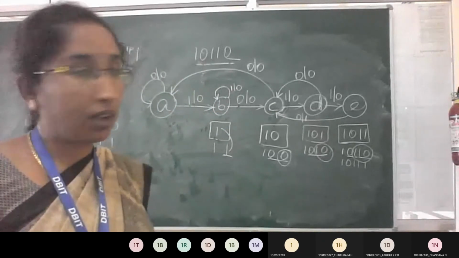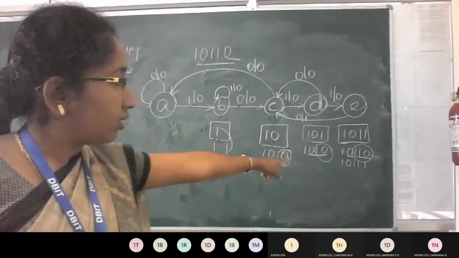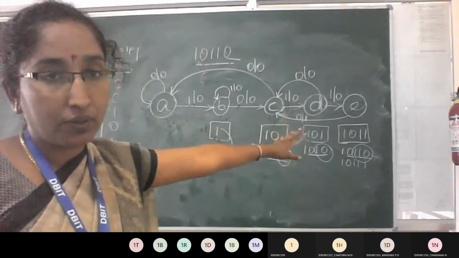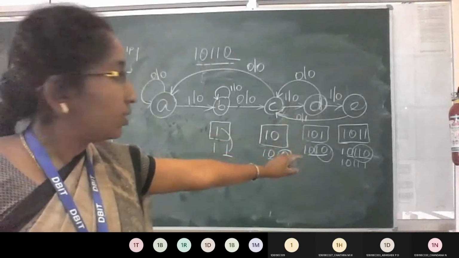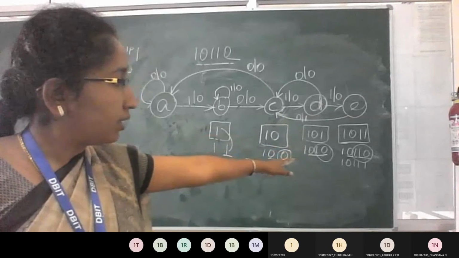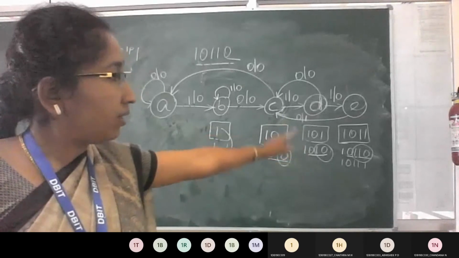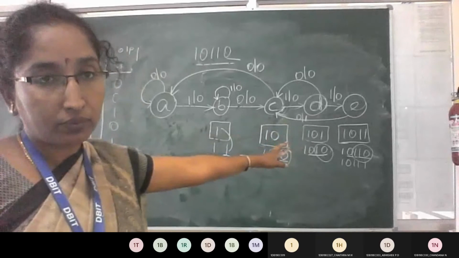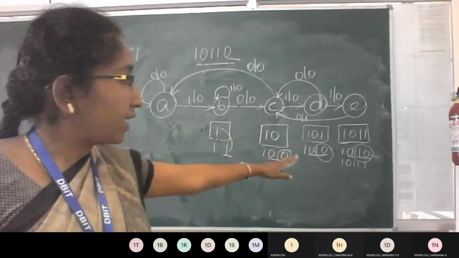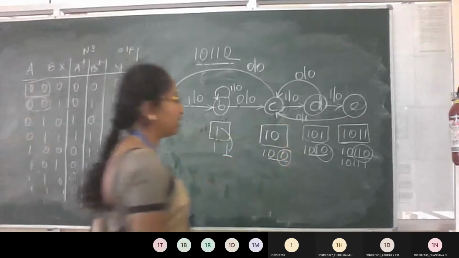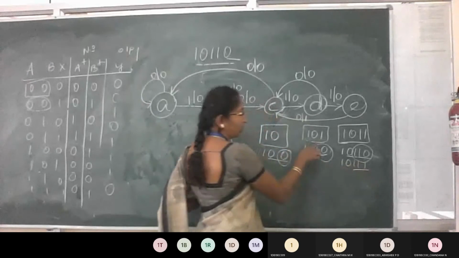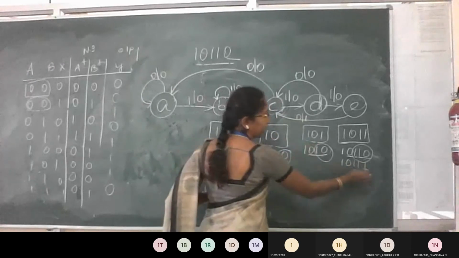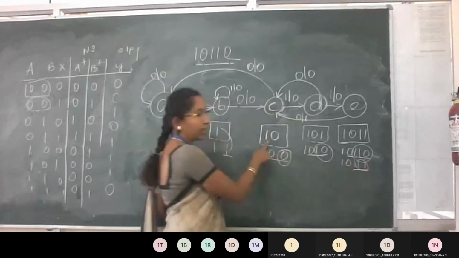Remember. Now, I need to find one more transition, when x is 1, for the particular state E. So now compare the last 4 bits. Here I have 1 0 1 1 in the box and 1 1 1 1. Not matching. Compare the last 3 bits. Last 3 bits 1 1 1, here 101. Compare 2 bits. Here I have 11. Here we have 10.